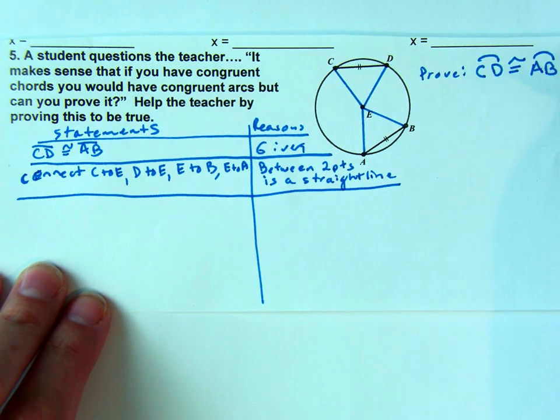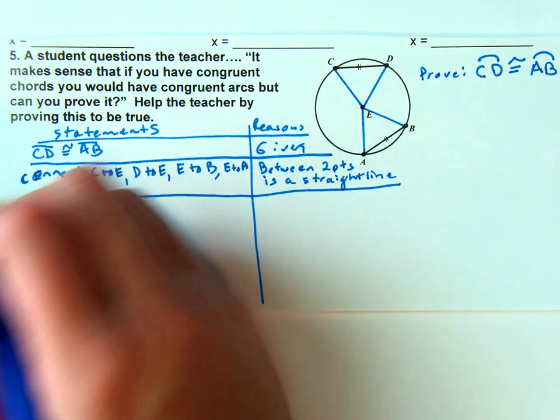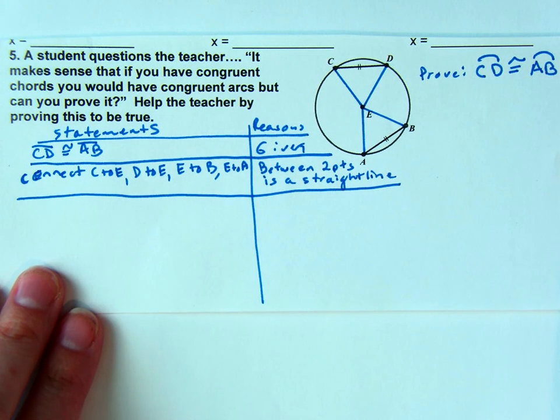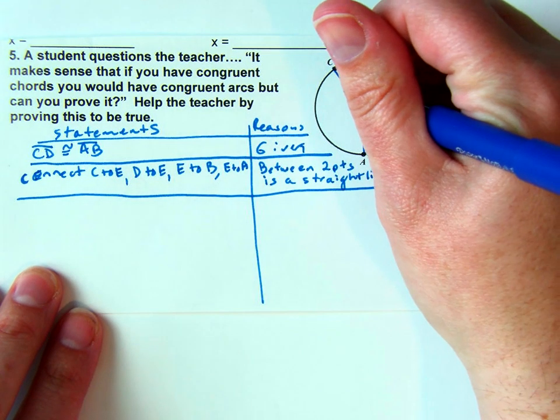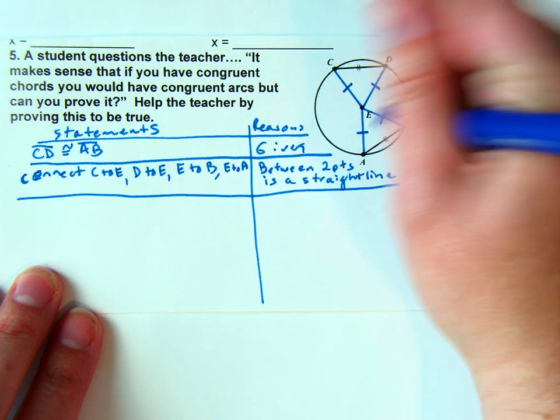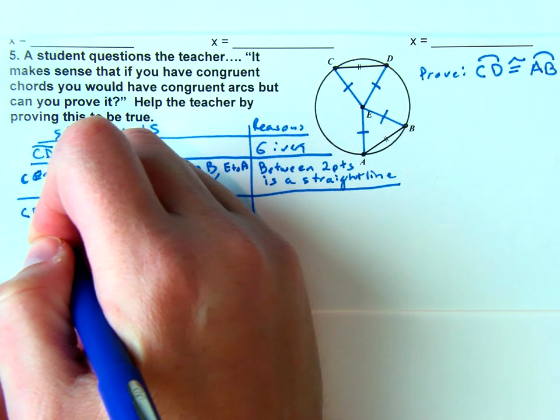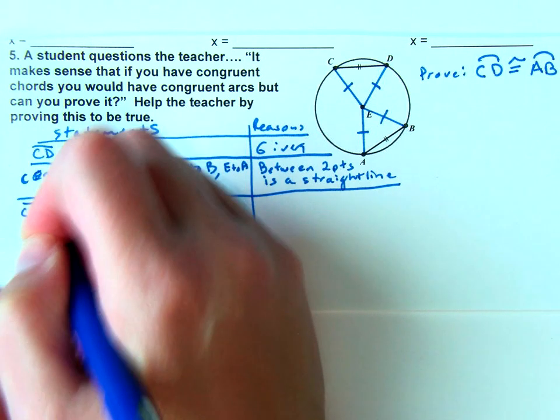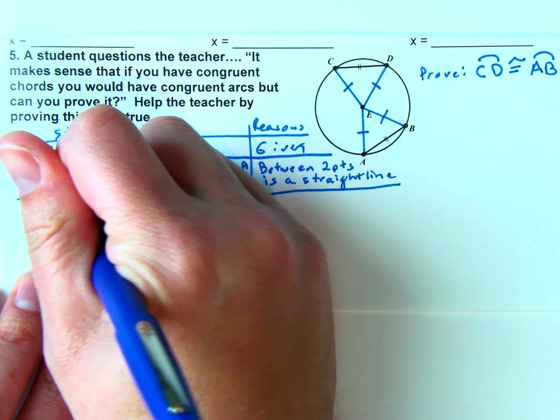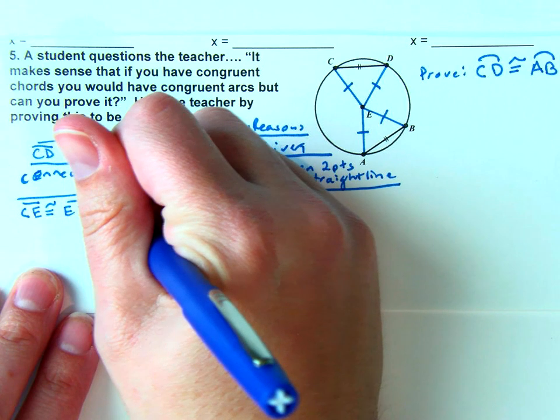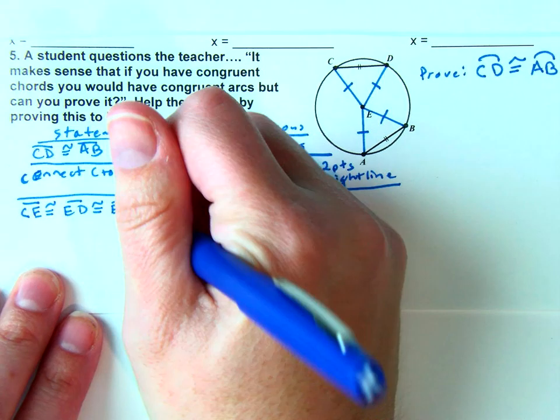Now, in respect to the circle, what are those segments called in our circle? Those segments are all radii. Okay. And what do we know about radii? Well, we know that all radii are congruent. So we know CE is congruent to segment ED, is congruent to segment EB, is congruent to segment EA.